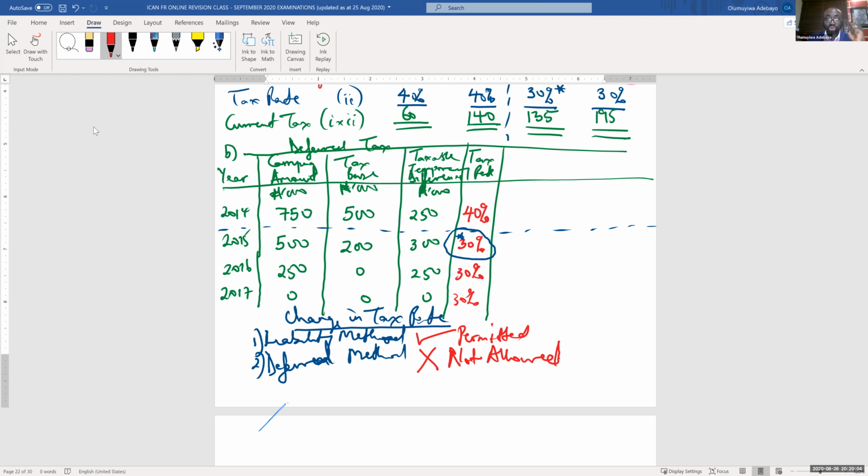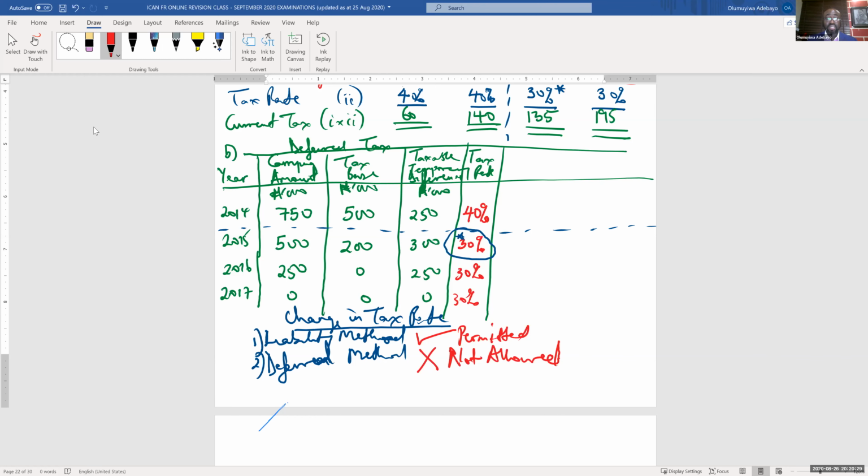Liability method is what we use. And what does the liability method say? It says you have to capture the effect of changes in tax rates in the period in which the information is made available. But a situation exists where the impacts will be the same on actual taxes and deferred tax.